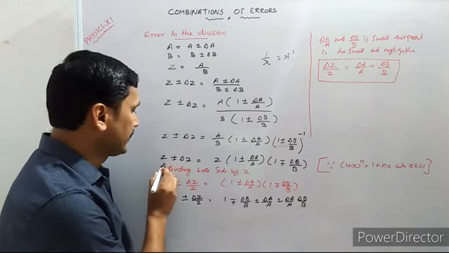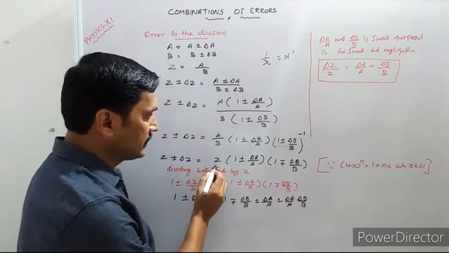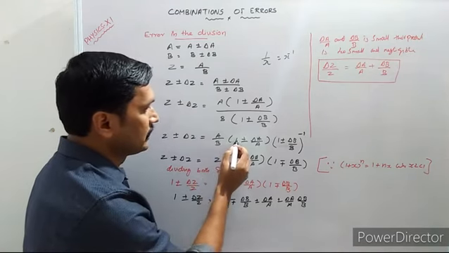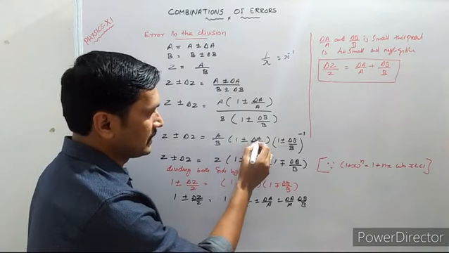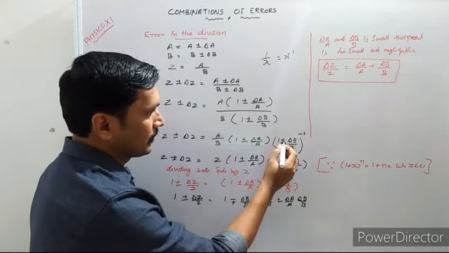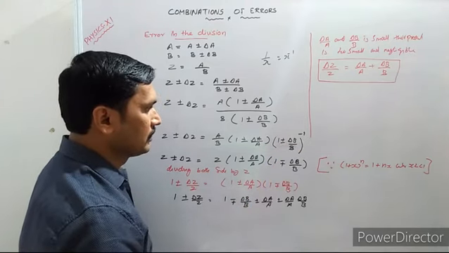Now the left side, z plus or minus delta z is equal to z, a by b, you are writing as z because a by b is equal to z. Then 1 plus or minus delta a by a into 1 plus or minus delta b by b whole raised to minus 1.